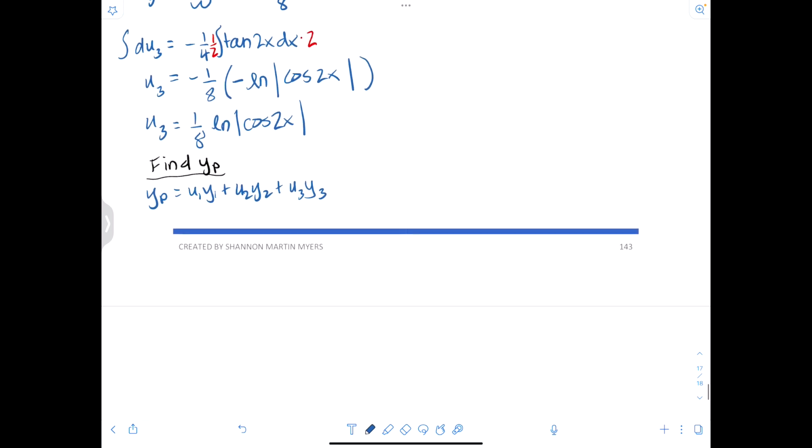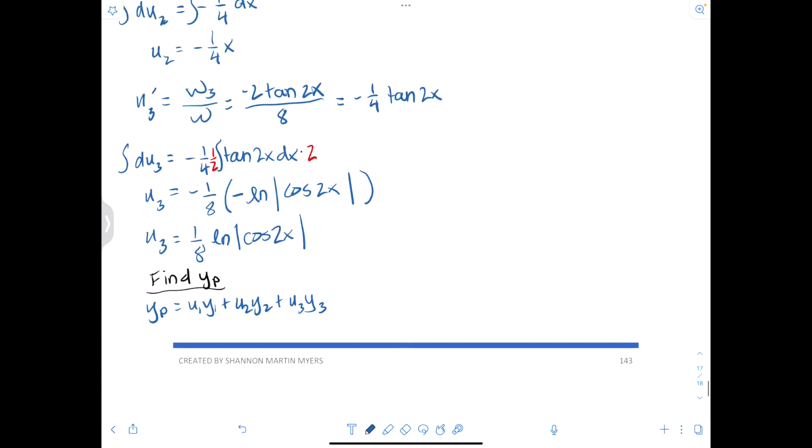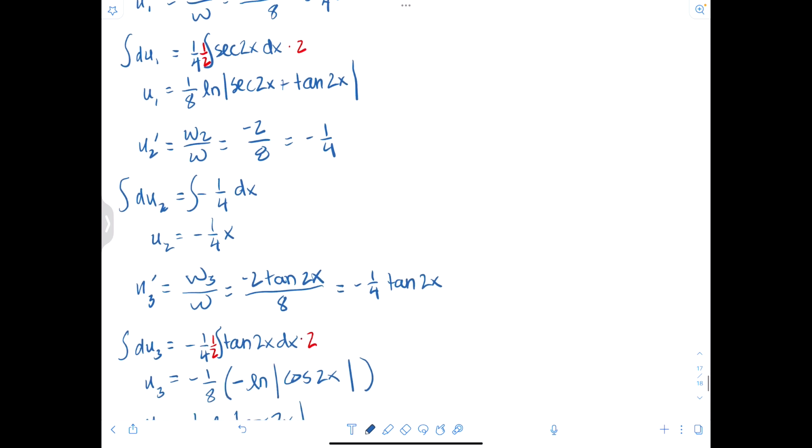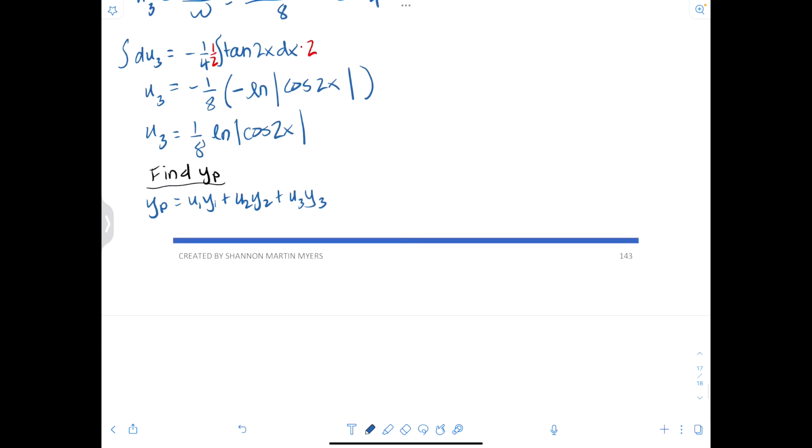So we had just let Y1 be 1. So U1 was what? 1/8. So YP will be 1/8 natural log absolute secant 2x plus tangent 2x.